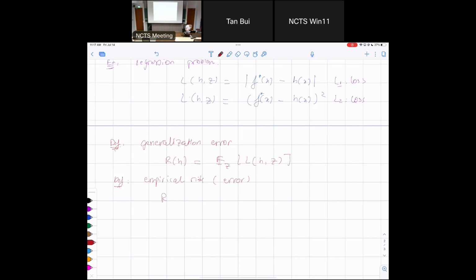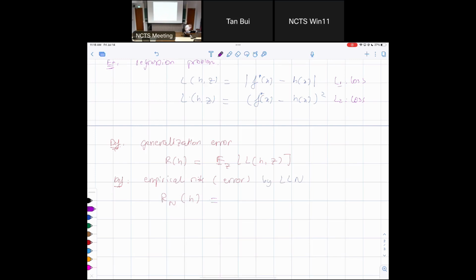And the empirical risk comes from the law of large numbers, LLN.